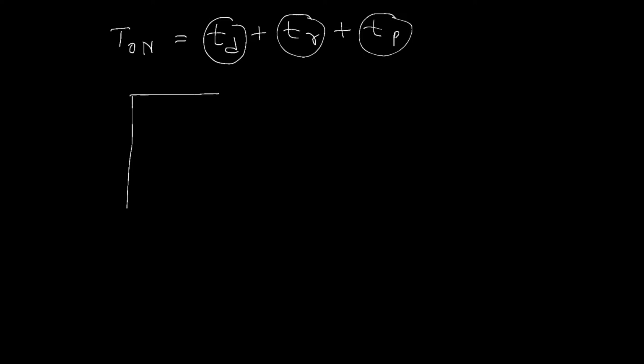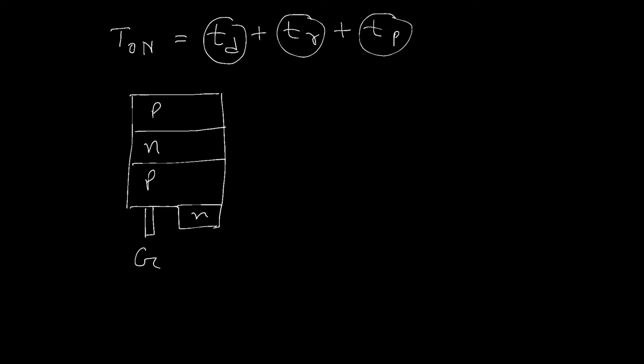That is, SCR has 4 layers like this: P, N, P, N. Gate is connected over here, that is the gate terminal, and the cathode is connected, that is K, and the anode is connected to the upper layer P, that is A. And the 3 junctions, that is J1, J2 and this is J3.